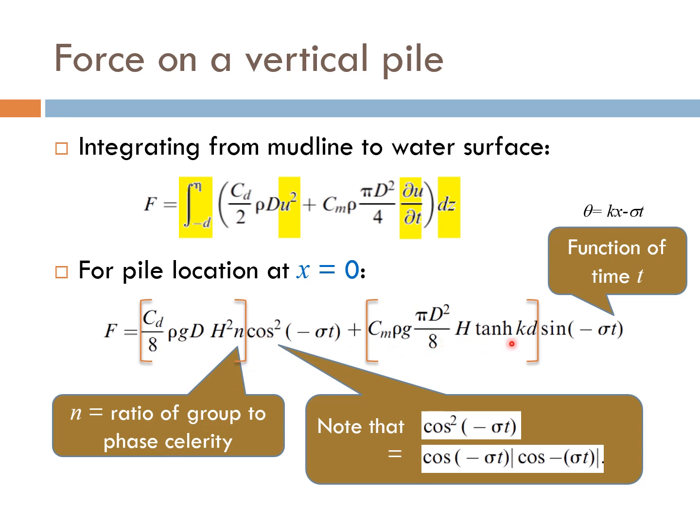And we have a tangent hyperbolic kd here. So it is more or less still depending on the same things, except of course you notice that the wave height comes into the equation because velocity and acceleration basically depend on the wave height.